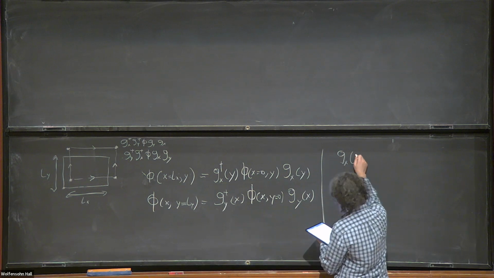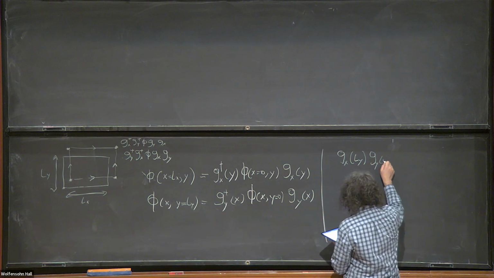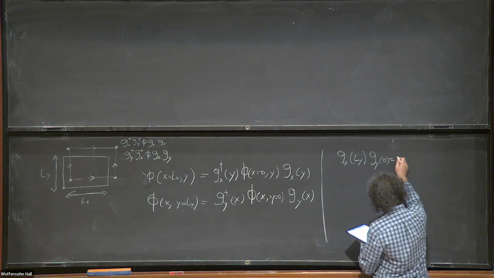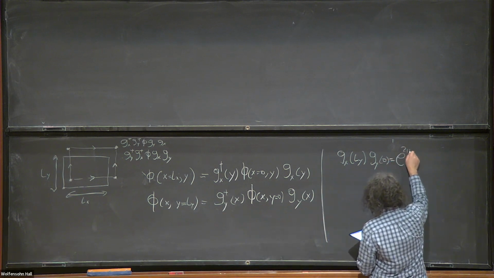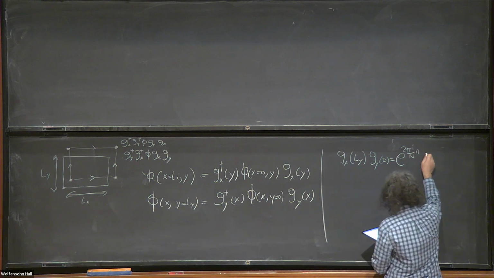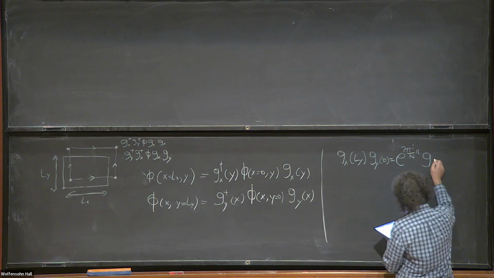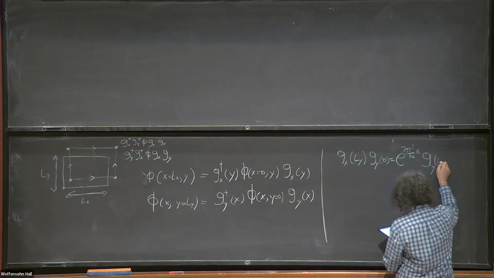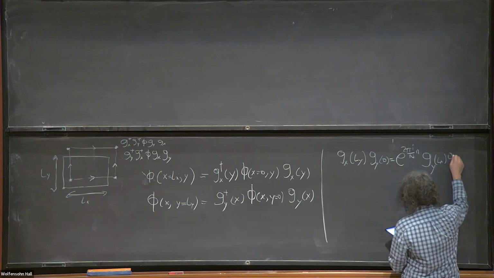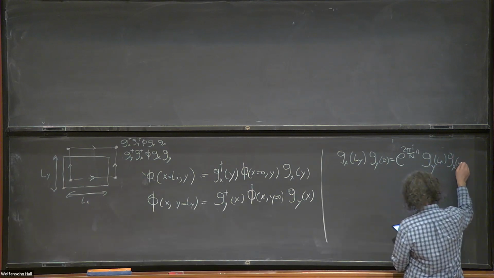gx Ly and gy 0 is equal to exponential 2 pi i over n, little n. This is the important thing here because there is the gauge invariant information here. gy Lx, gx 0.